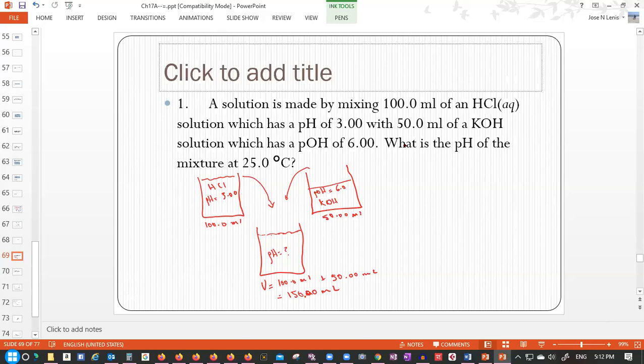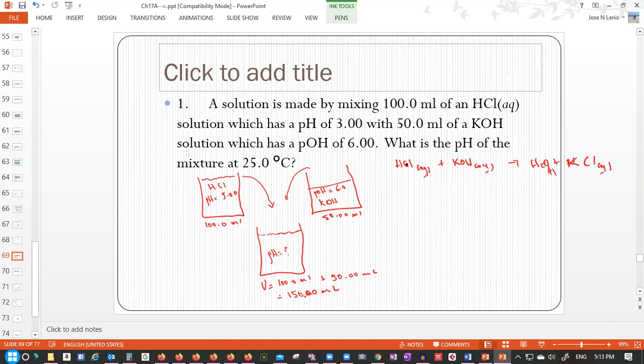Because the reaction here is going to be HCl, aqueous, plus KOH, aqueous, to form H2O plus the salt, KCl, aqueous. This is liquid, and this is aqueous.